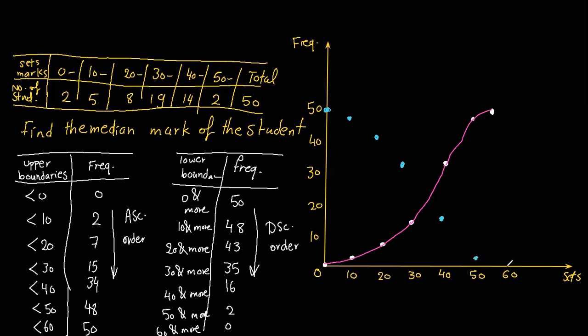Then 60 will be 0. So we want to connect these values with a different color.